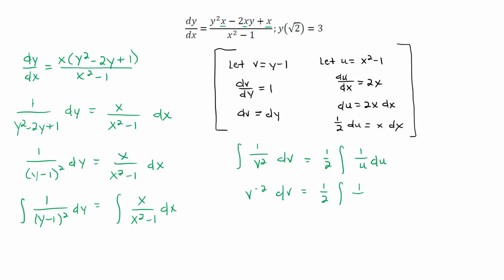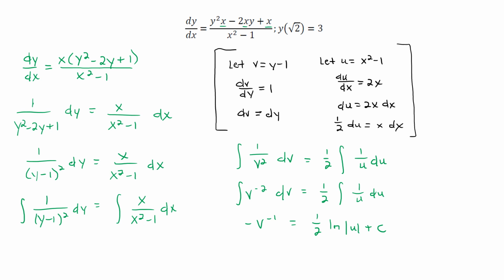I want to do the natural log for this problem. So I'm going to move v to the numerator, and so that will get me negative v to the -1, not dv because we already applied the integral, equals 1/2 natural log u plus c.